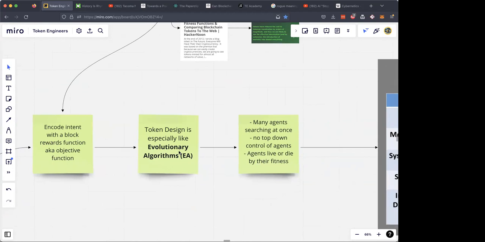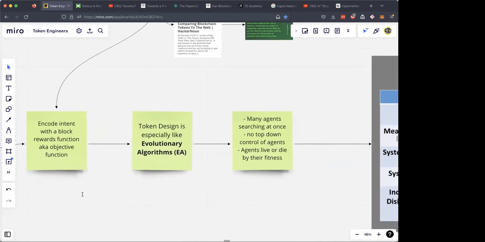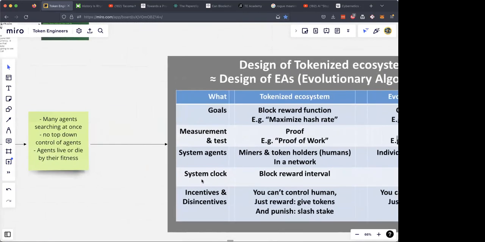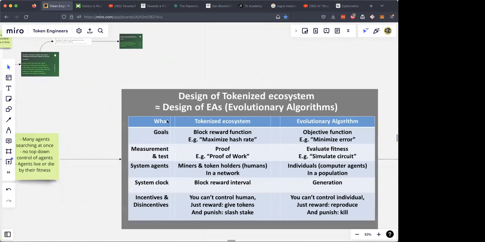Like if a species is bad at living, they die. If they're good at living, they continue. And when that happens over many generations, you get a really good solution to a problem. Token design is kind of like that, he says, and makes that parallel in different areas.